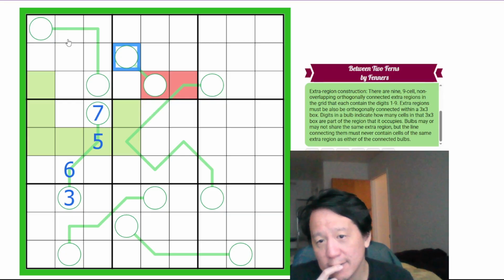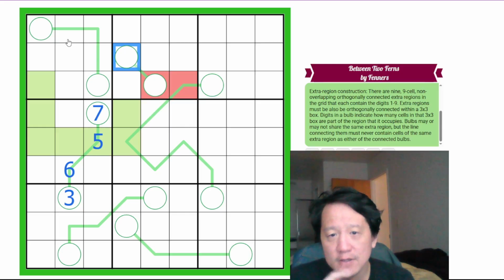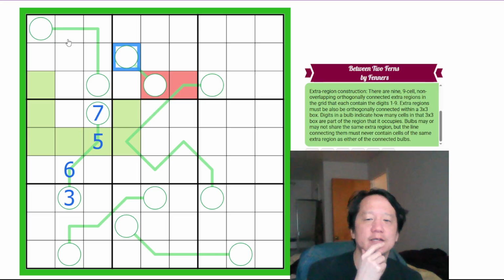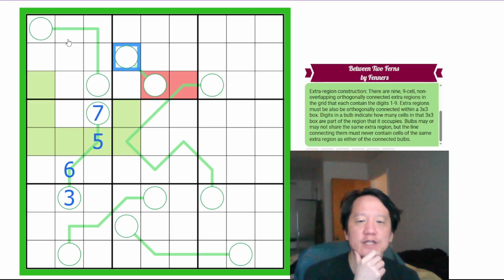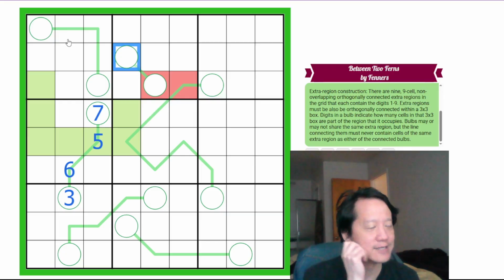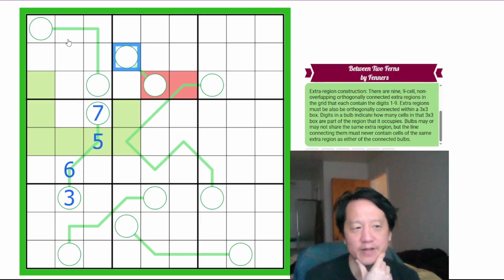Huh, that's interesting. So digits in a bulb indicate how many cells in that 3 by 3 box are part of the region that it occupies. And that's this extra region. It's not the 3 by 3 region that's normally in normal Sudoku.